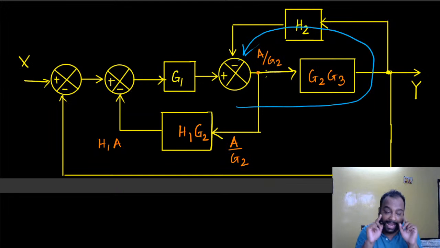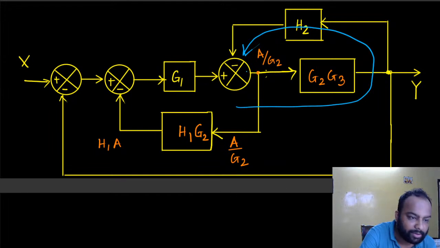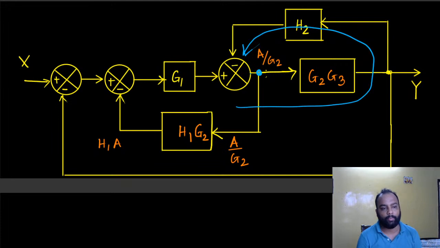Unfortunately, there is one point in the way of the feedback loop. If I reduce the feedback loop into one single system, I would unfortunately lose this point. So this system will no longer be able to tap this signal out.